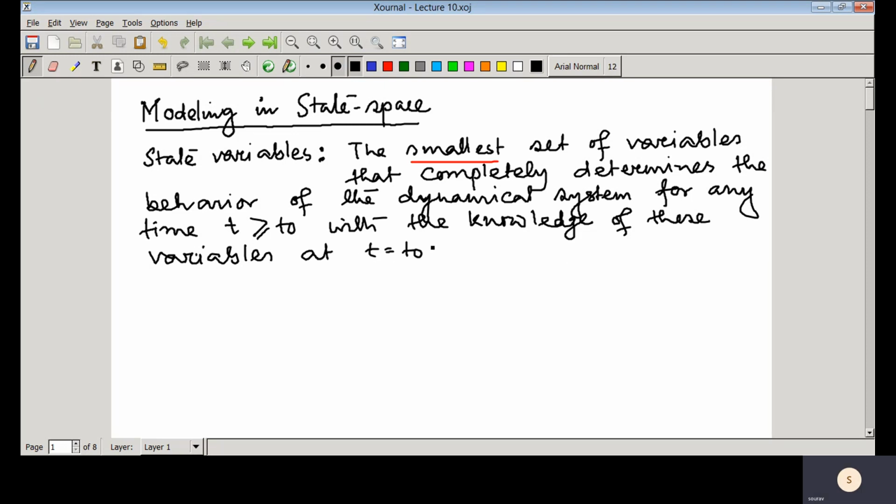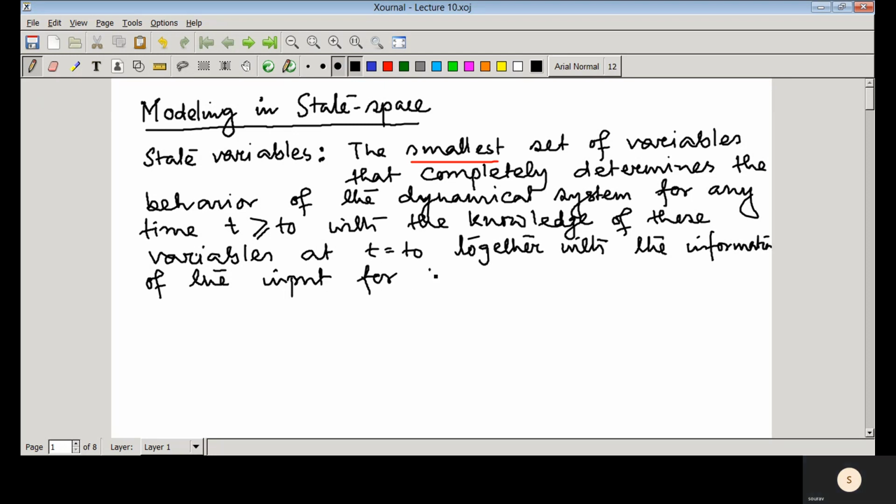That means if we know the values of those variables at t equal to t0, together with the information of the input for t greater or equal to t0. So that is very important. That is what is called state variables.